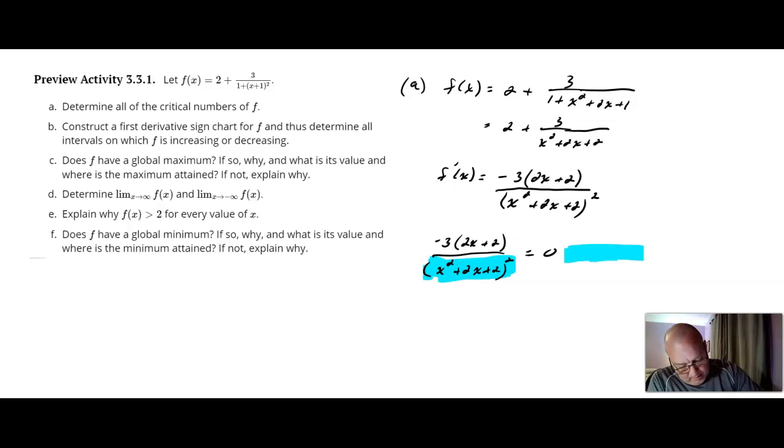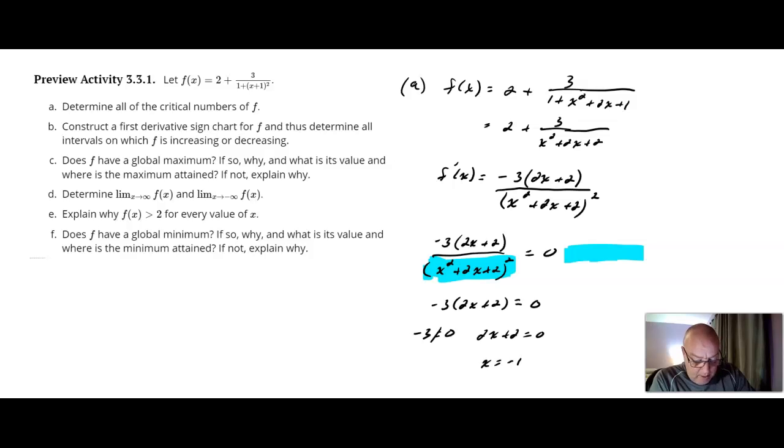So in other words, what I really have here is negative 3 times 2x plus 2 is equal to 0. And if I use the zero product property, negative 3 does not equal 0, so I don't care about that. I get 2x plus 2 equals 0, so x must equal negative 1. So there's one of my critical numbers.